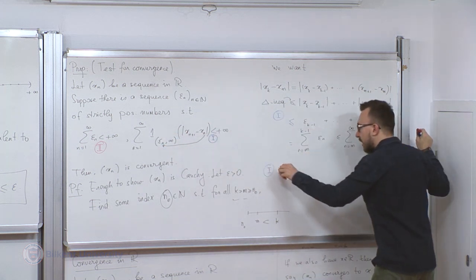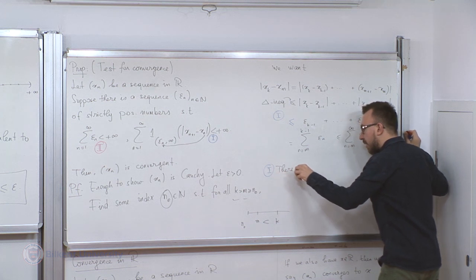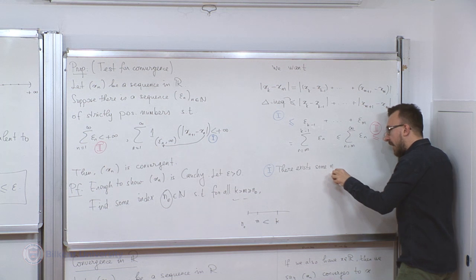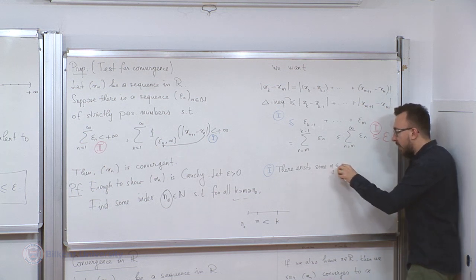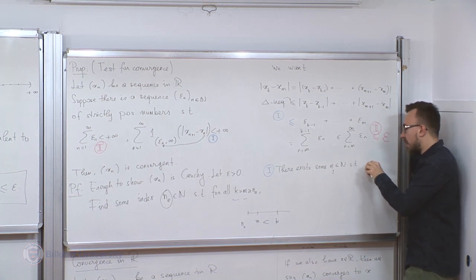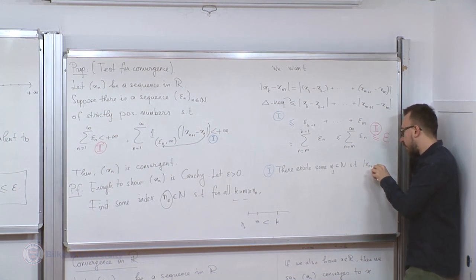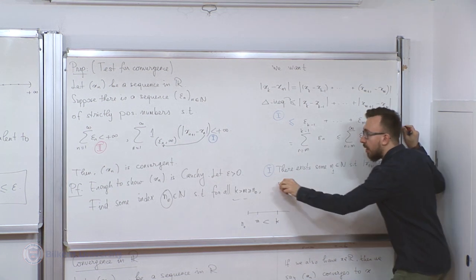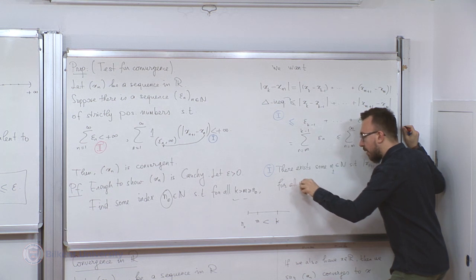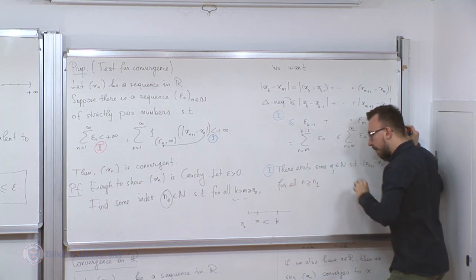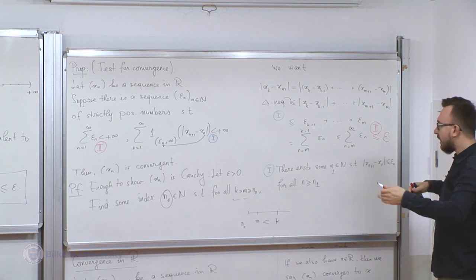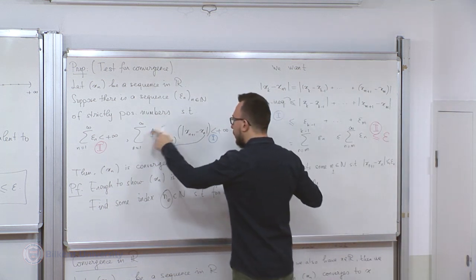So this means there exists some, let's say n1 for this number 1, such that xn plus 1 minus xn is less equal epsilon n for all n greater than n1. So after some index, we're never going to have this is equal to 1.